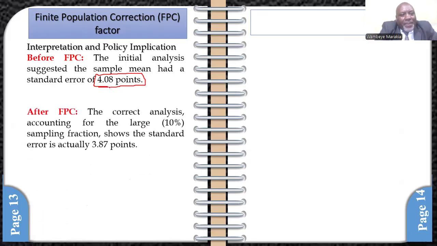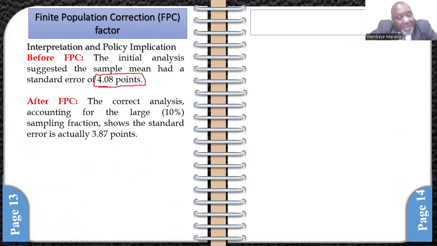But after FPC, the corrected analysis, accounting for the population larger than 10% sample fraction, showed that the standard error is actually 3.87.